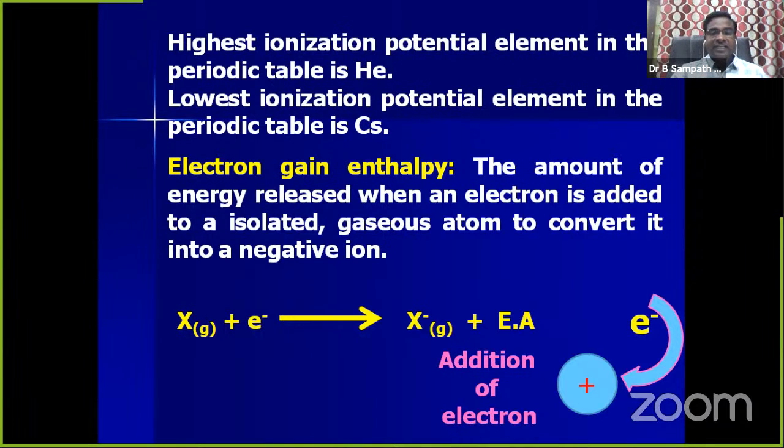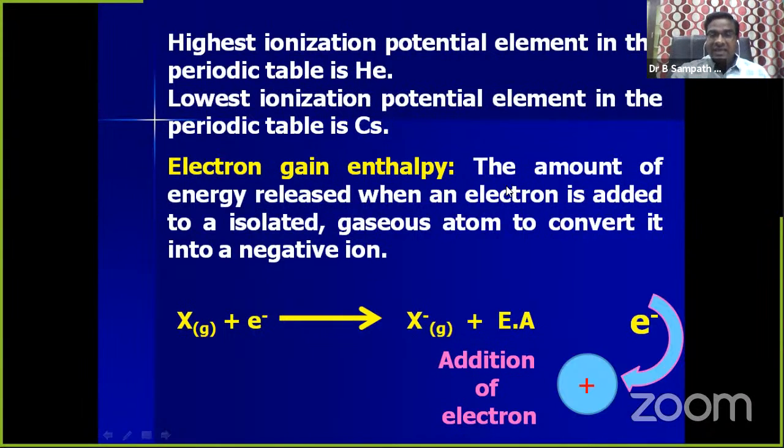In ionization enthalpy, energy is required, but here energy is released. There the electron is removed from the atom, but here an electron is added to the atom.